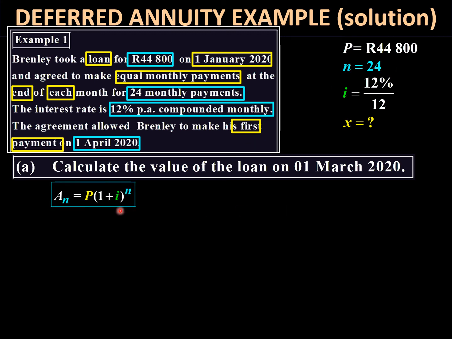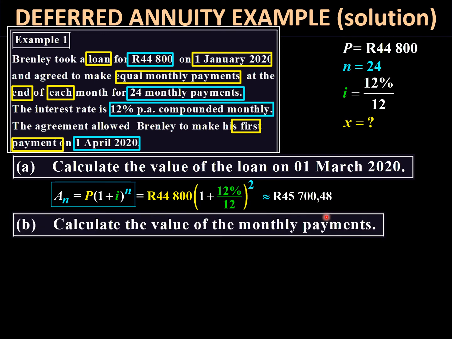So we have the i value, which is 12% over 12, and it's been deferred for 2, that's why we have the power of 2 up there. So the loan amount has actually grown from 44,800 to 45,748. That's the value of the loan on the 1st of March 2020.